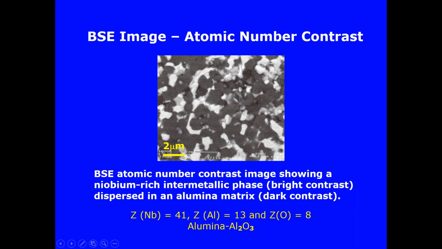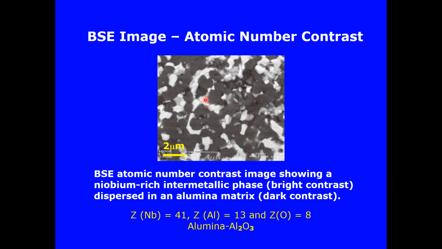The backscatter electron image basically means that with its help we can get the atomic number contrast. Here you can see in this micrograph the backscatter electron atomic number contrast image. So what does it actually show? It shows a niobium rich intermetallic phase, which is the bright contrast.